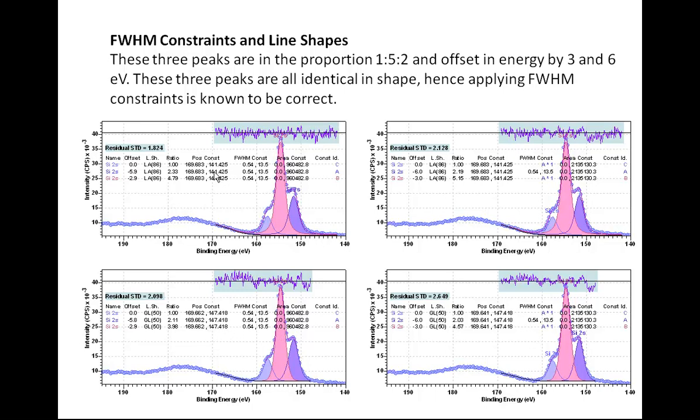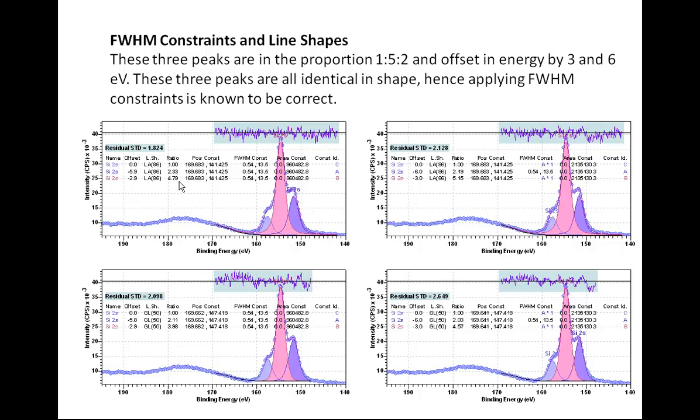So when we look at these results, we can see that if we've got a good line shape and we fit the data without any constraints, we end up with a set of offsets that don't quite match the outcome that we would like. So it ought to be 0, 6, 3, not quite, it's close but not quite. Similarly, the area ought to be in the ratio 1, 5, 2.